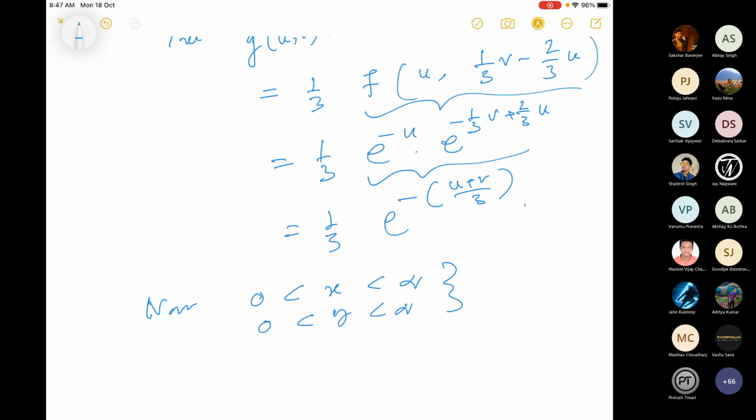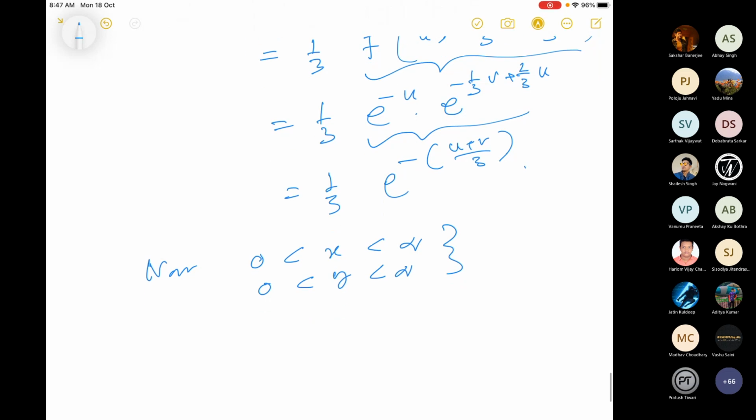These are two things which are given. So this means 0 less than u less than infinity, and 0 less than v less than infinity. This is the simple application of this formula. Using this formula, you can do it.